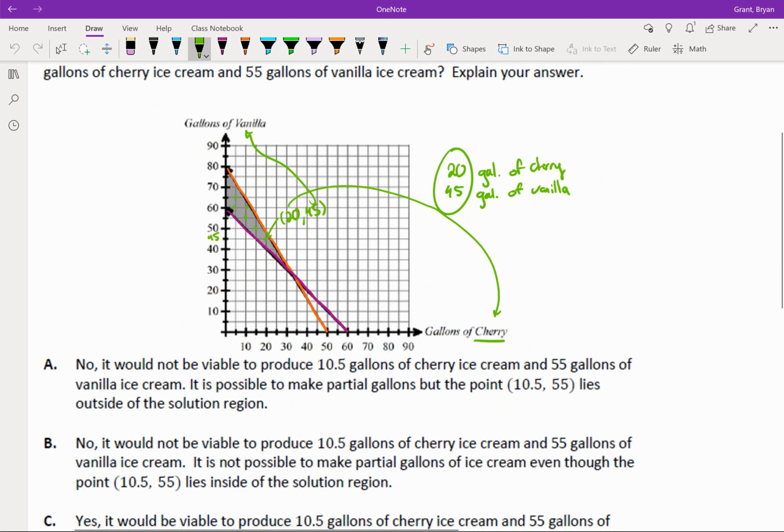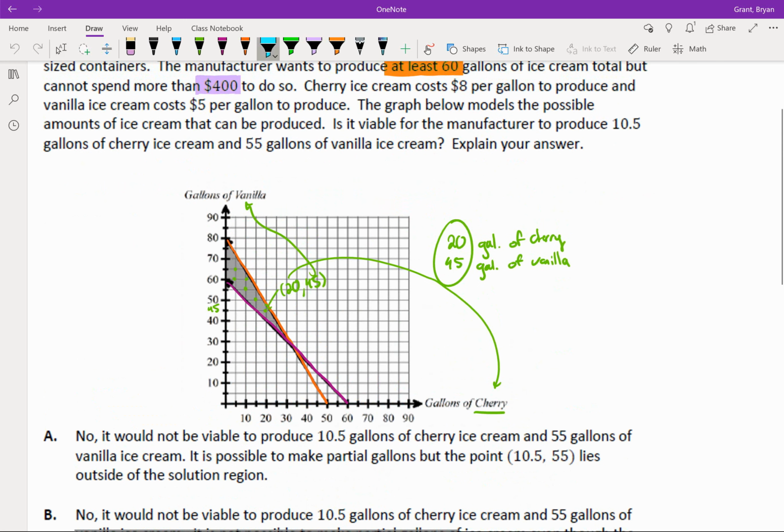Now, what are we actually trying to do? They said, is it possible to produce 10.5 gallons of cherry and 55 gallons of vanilla? Well, I think all we need to do is graph that point. So I'm looking for the point 10.5, cherry is the x, comma 55. And let's see where that lands on my graph.